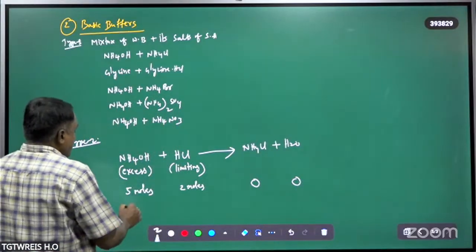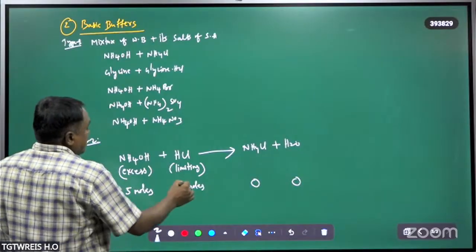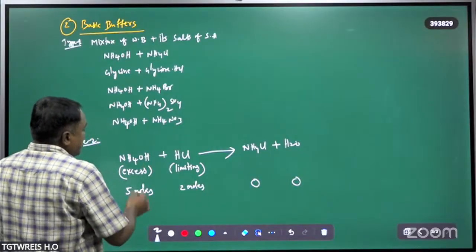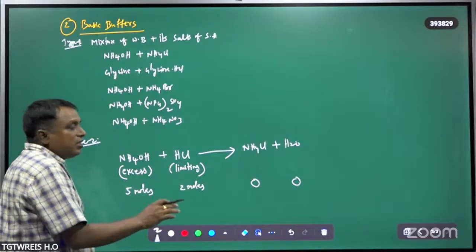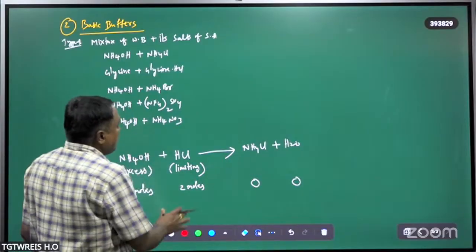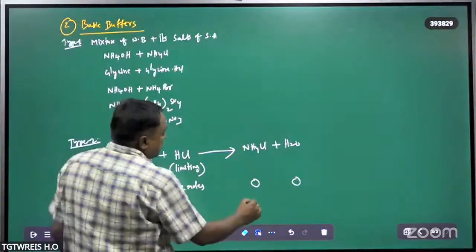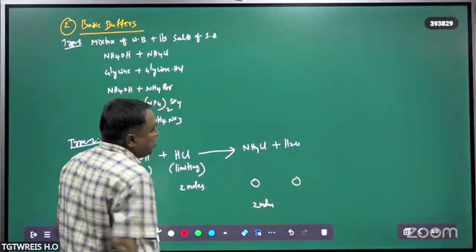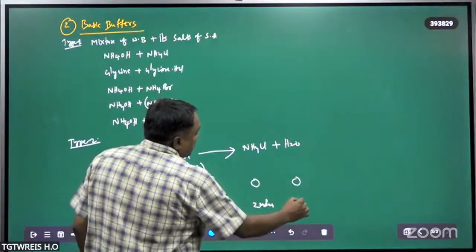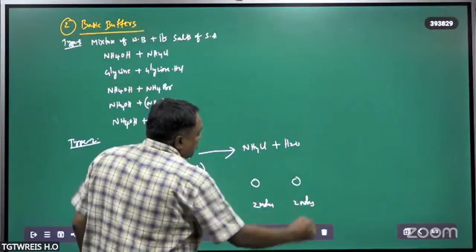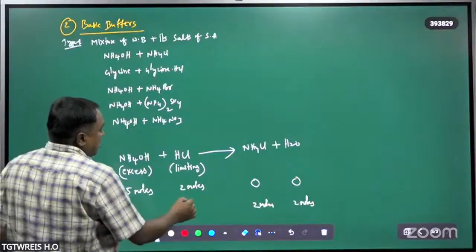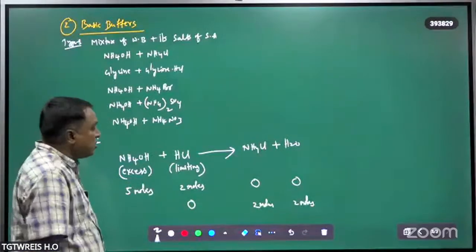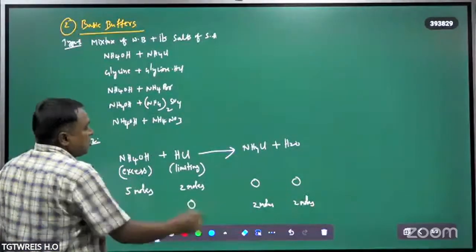After completion of the reaction, this is the limiting reagent and this is the excess reagent. The limiting reagent decides the formation of product. Therefore, it is totally consumed in the reaction, and you will get 2 moles of ammonium chloride and 2 moles of water. The leftover HCl is 2 minus 2, equal to 0.